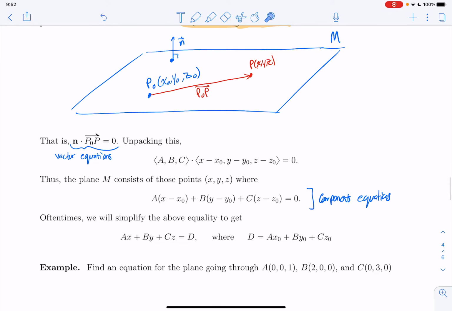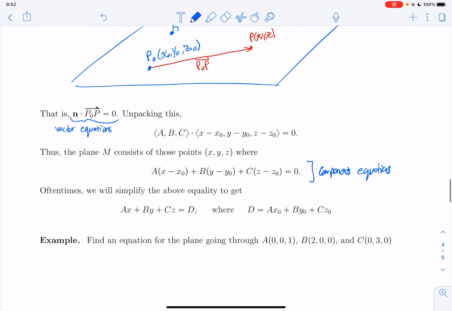Oftentimes, if you were to distribute all of the ABC and consolidate all your constants and pull them to the right, sometimes you'll see planes written this way: AX plus BY plus CZ is equal to D, where D is exactly those constants we pulled over to the other side. A neat trick to characterize what's going on here is that the x, y, z right here are always variables.